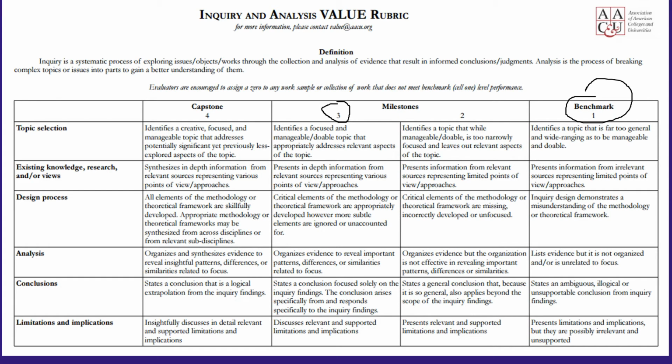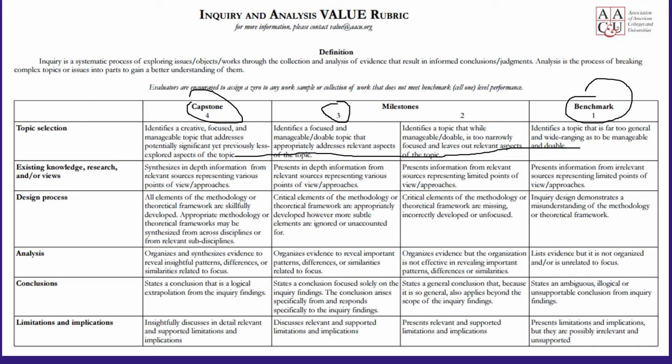And the goal is we don't necessarily have to move all the students to the capstone level. Ideally, by the time a student gets their bachelor's degree, they would be here at the capstone level. But within the 2-year colleges, that is not necessarily our goal.